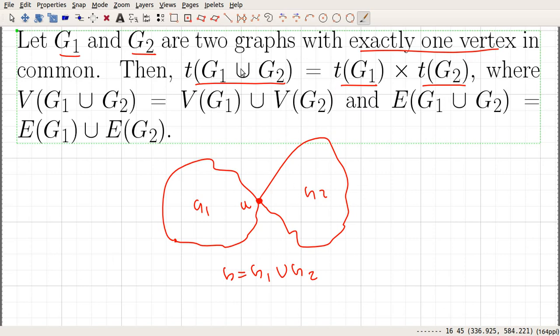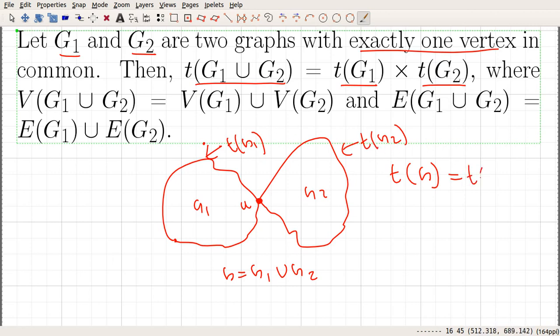Okay, and here this statement says, if you want to find the number of spanning trees for G, then find the number of spanning trees in this graph G1, that is T of G1, and similarly find the number of spanning trees in G2, that is T of G2, and once you find T of G1 and T of G2, take the product.